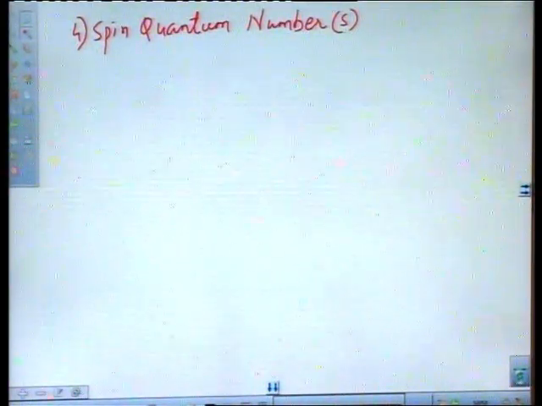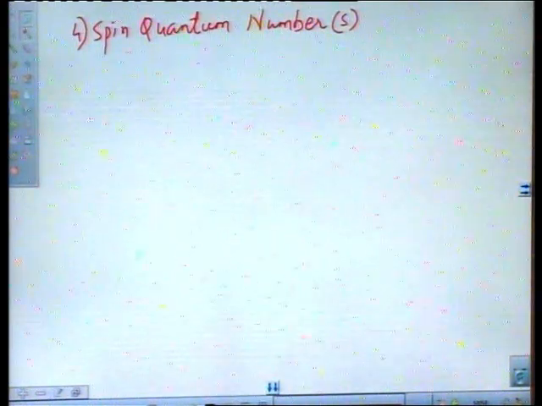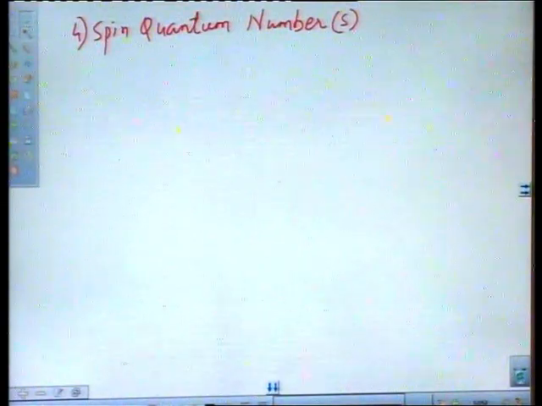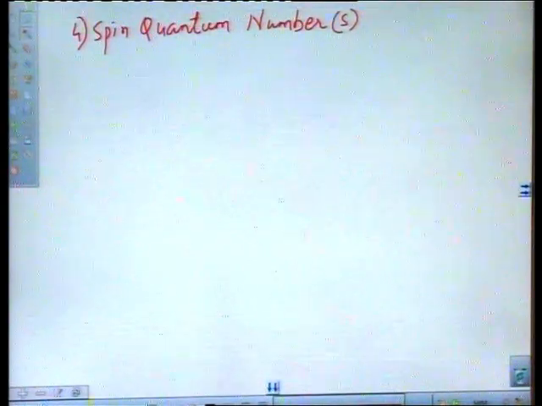First was the principal quantum number, the second was the azimuthal quantum number, also called the subsidiary or angular quantum number, the third was the magnetic quantum number, and the fourth one is the spin quantum number.